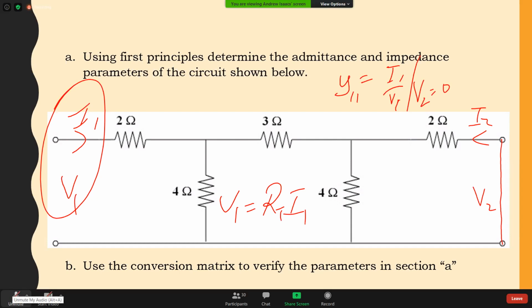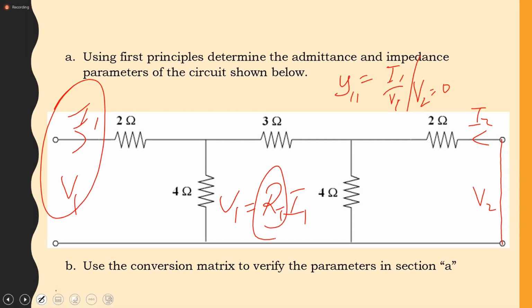Yes, sir, that's how they're connected. So what you want to find then is RT, the total resistance of the circuit. Because you want I1 over V1, 1 over RT would give you Y11. Okay, sir.